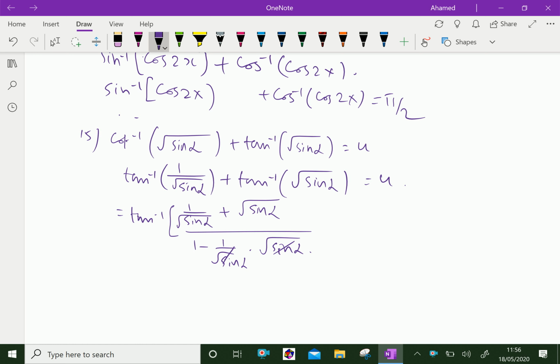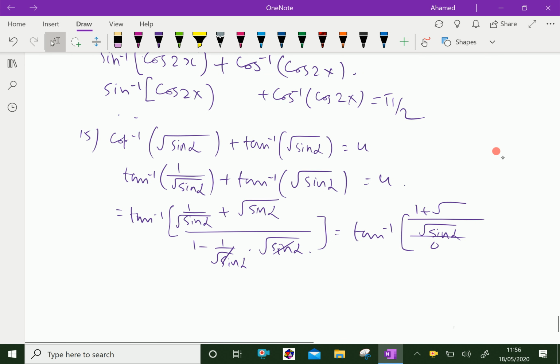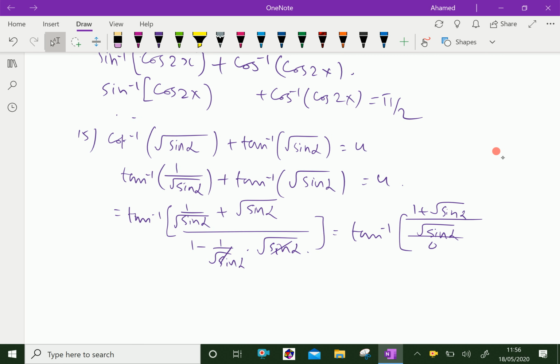So the denominator becomes 0, numerator is 1 plus sine alpha over root sine alpha. If the denominator is 0, it's infinity, so tan inverse of infinity is pi by 2.